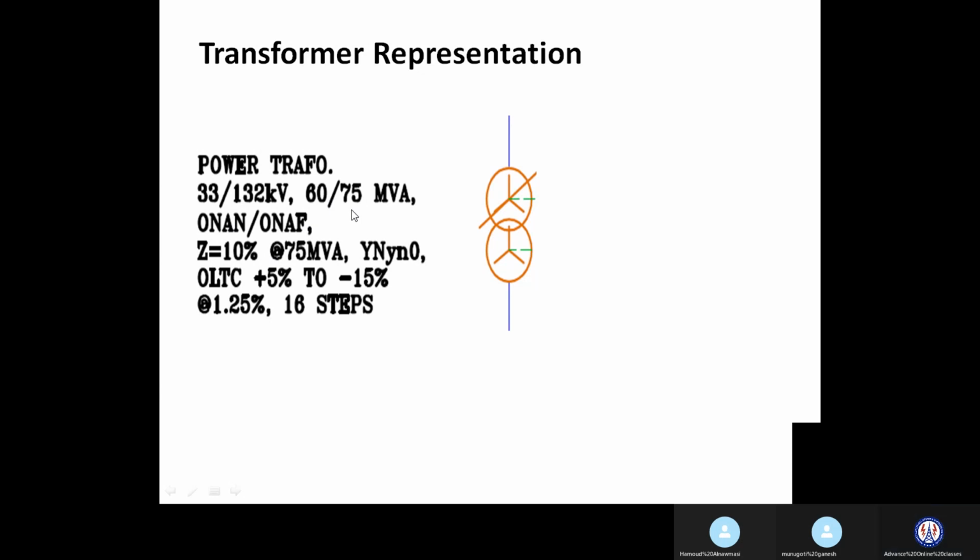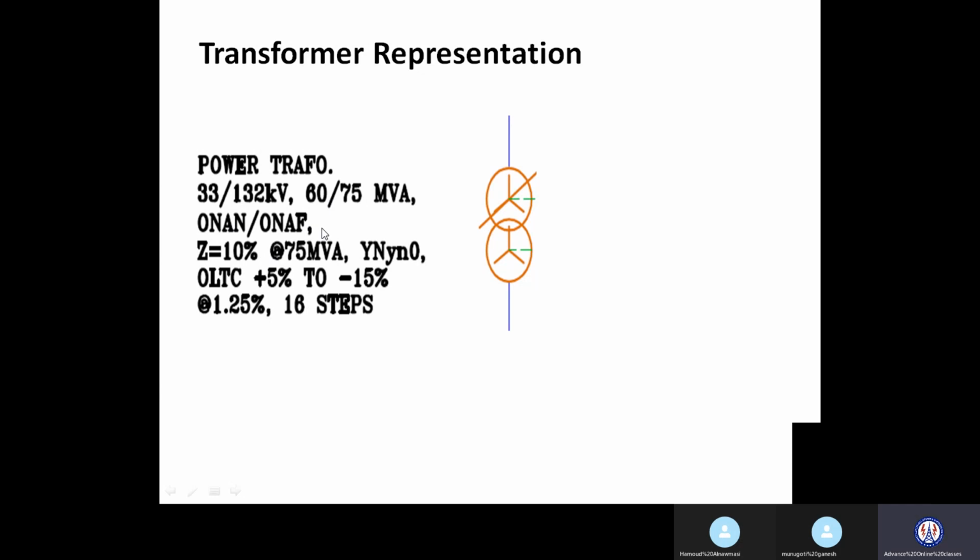The third type of cooling method is called OFAF, which we use in bigger transformers, those with rating more than 200 MVA.